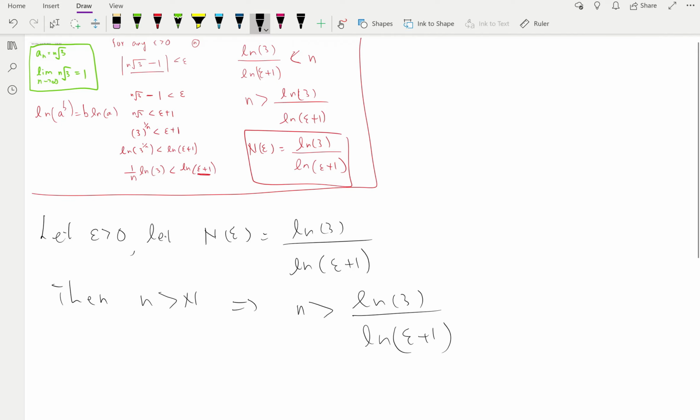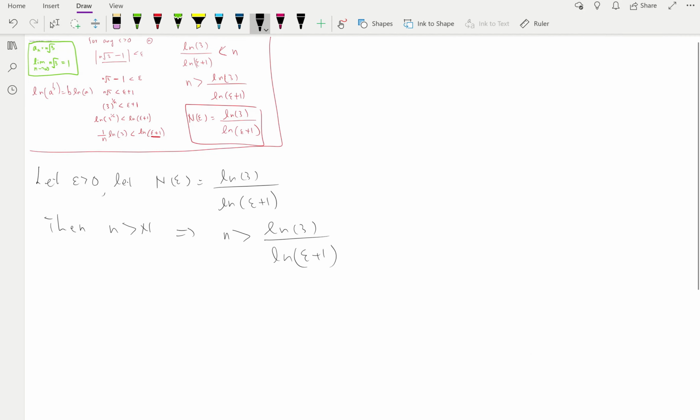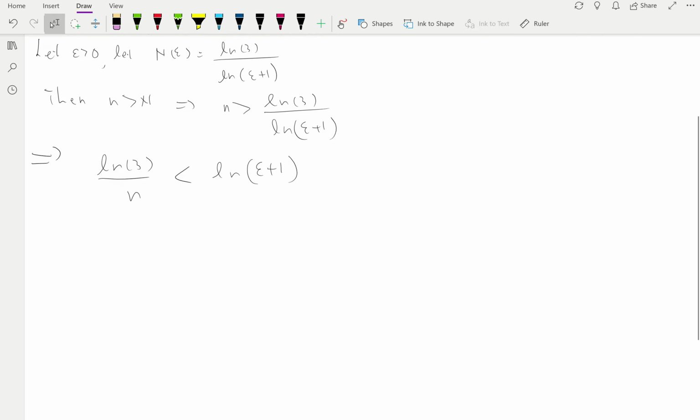So from here we have to work backwards in our scratch work. This implies natural log 3 over n is less than natural log of epsilon plus 1, right? That is where we got this expression from.